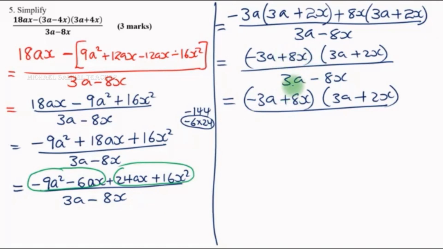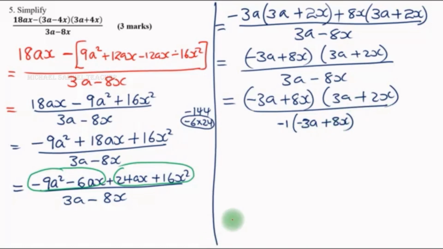So if I'm going to introduce a negative, such that we factor it out, it will be minus 1, then here we shall have minus 3a, such that if I multiply it will become positive, and this will be plus 8x, such that if I multiply I'll get minus 8x. So I haven't changed anything.